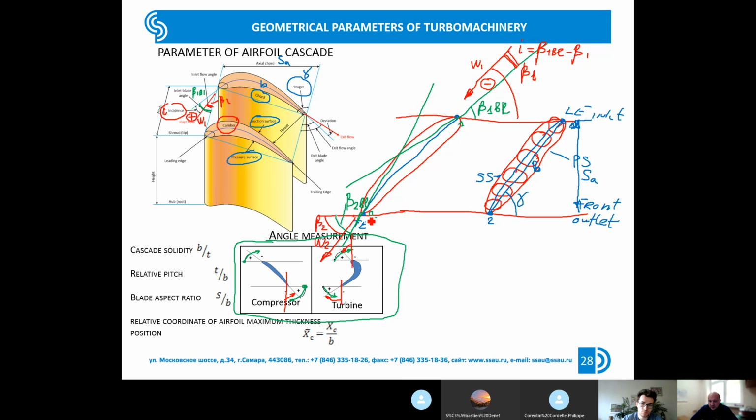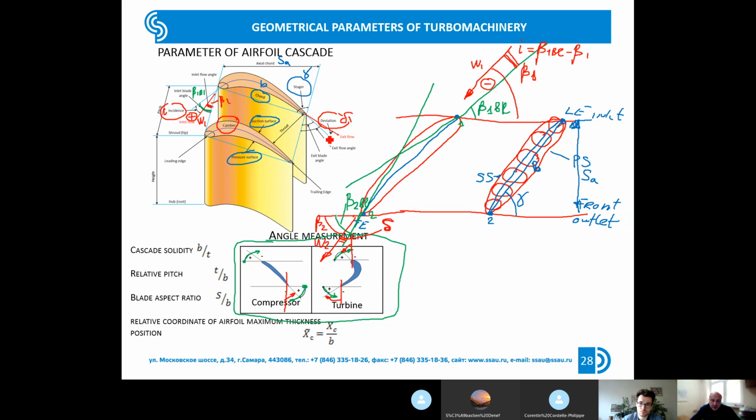The difference is not so big, not more than, I think, 2 degrees, but of course they are not equal, because we have the pressure difference between the pressure side and the suction side, and this pressure difference tries to turn the flow after the trailing edge. And the difference between these two angles is designated by the Greek letter delta and called the deviation angle.